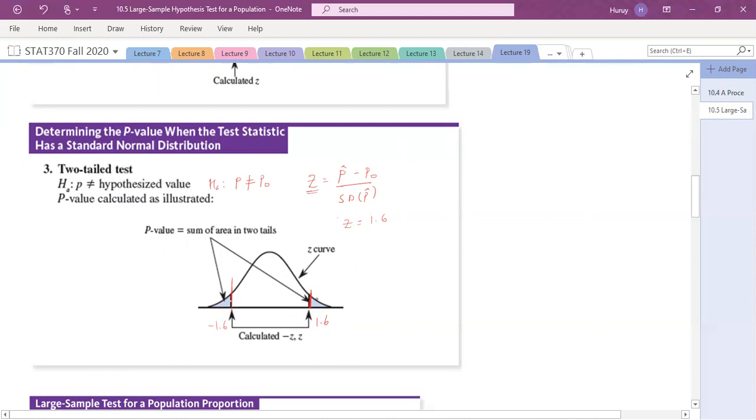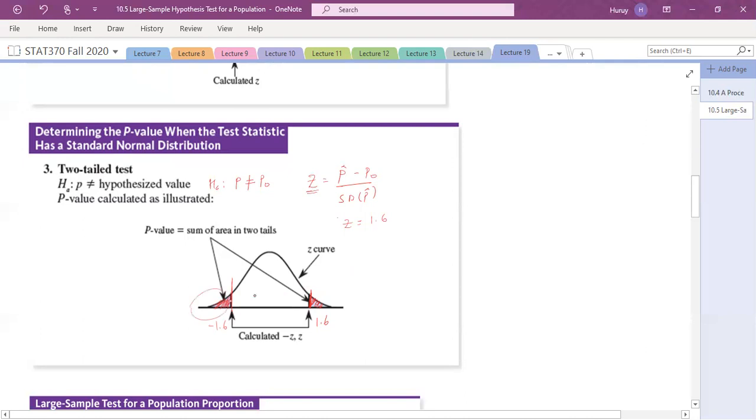The p-value will be the sum of the area to the right of the positive z value and the area to the left of the negative z value. So we find these two areas and we add them up. By the way, these two areas are the same since it's symmetric, so once you have one of them, you just multiply by 2.